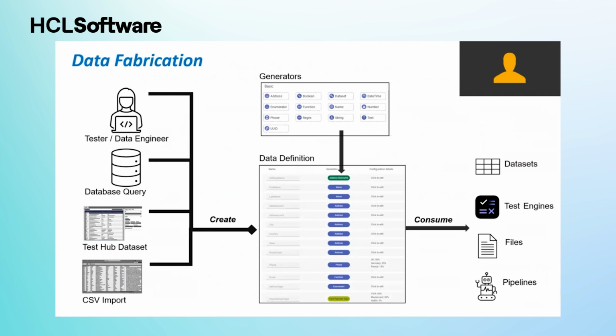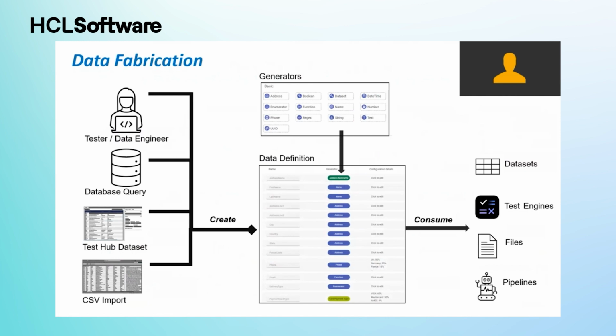The consumption of these data definitions, and the output if you like, is varied depending on the need. It might be that in some cases you want to create a data set or a CSV file for colleagues, and they need 1,000 records to use for some testing, or they need 1 million customers to test a new mobile device or something like that.